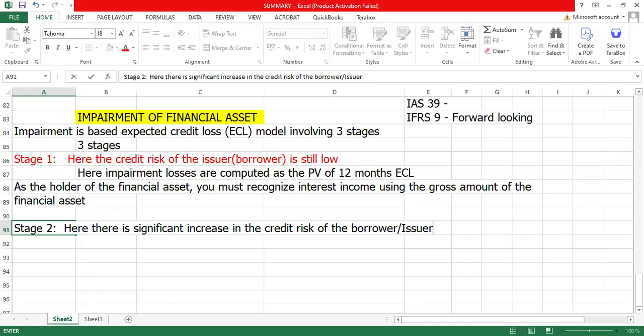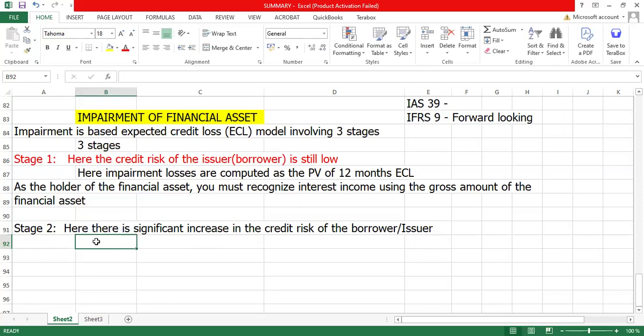You are going to rely on the lifetime expected credit losses.